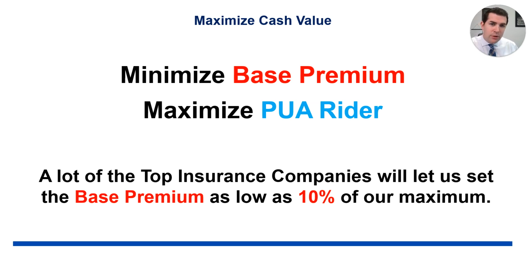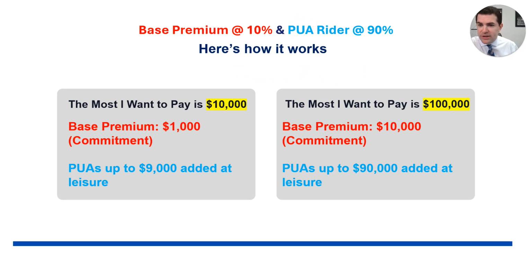So here's how it would work. If you said, the most I want to pay is $10,000 per year, what we would do is see how low we can go with the base premium, in this case $1,000. That would be your minimum commitment, and then you can add PUAs up to a total of $9,000 per year.